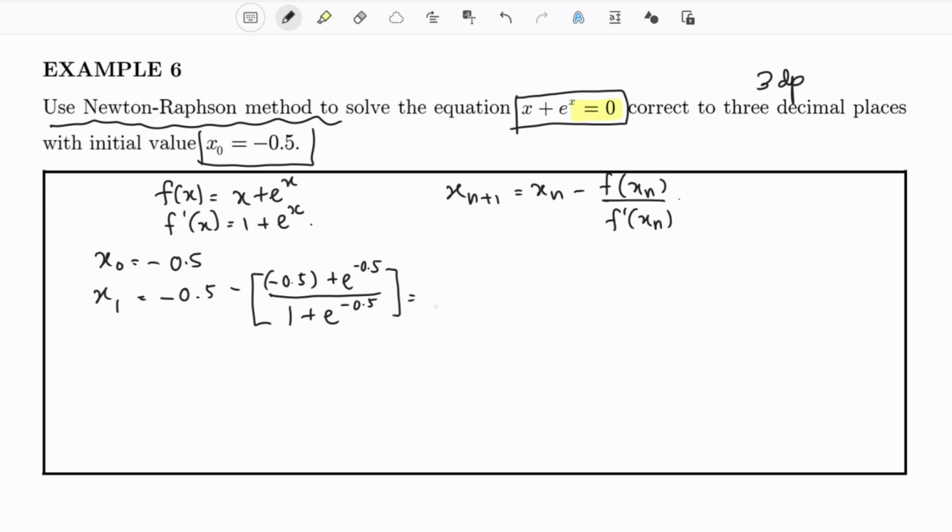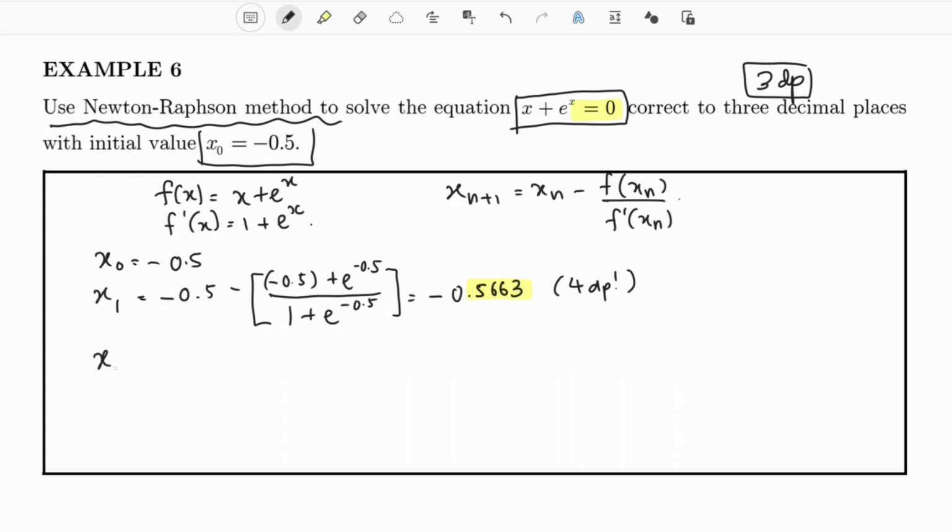Press your calculator, and you will get negative 0.5663. Here we have 4 decimal places. Since the question asks for 3 decimal places, during workings it must be 4 decimal places.